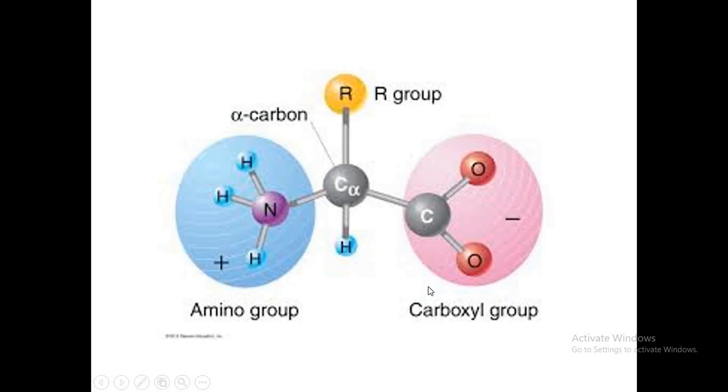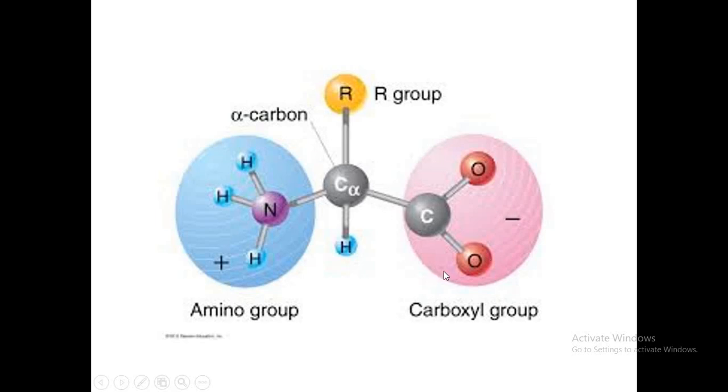So when we talk about the structure, the amino acid has one amino group, one carboxylic group, one R chain and one hydrogen atom. Except glycine, which has two hydrogen atoms; the glycine side chain is another hydrogen atom.